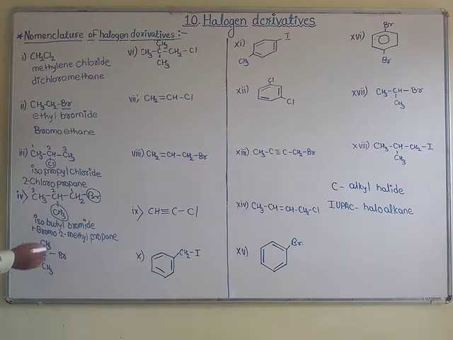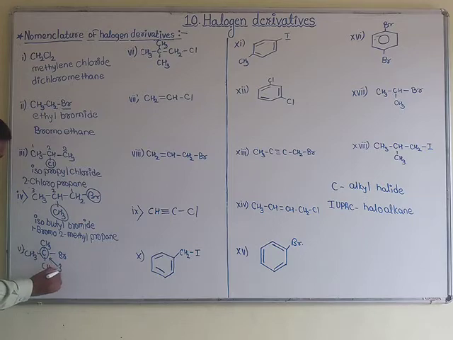Then the next compound. In that, 4 carbons are present, but the arrangement of carbon is different from the previous one. To give the common name to this compound, one more rule is used. See the degree of this carbon. The halogen-attached carbon is directly attached to 3 different carbons. Therefore, this carbon is tertiary.